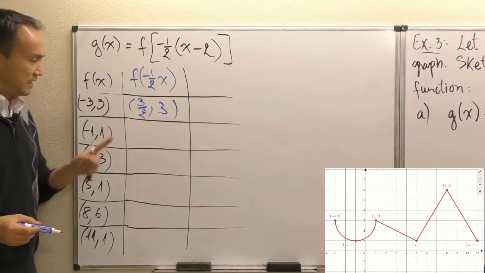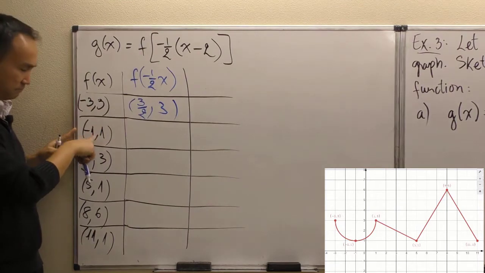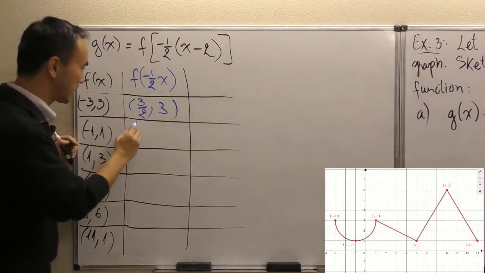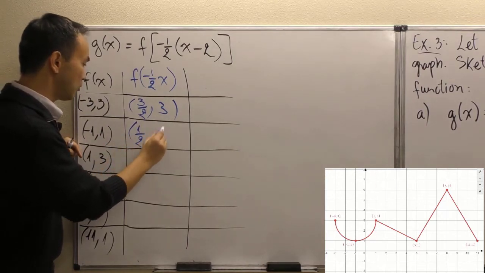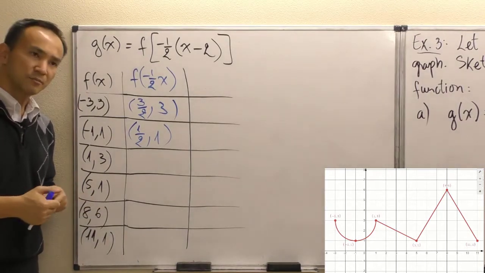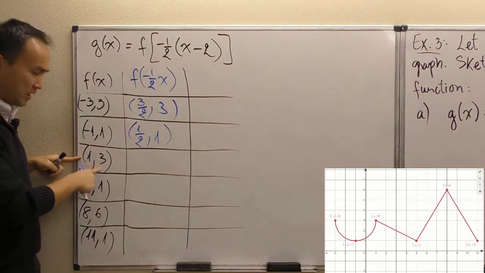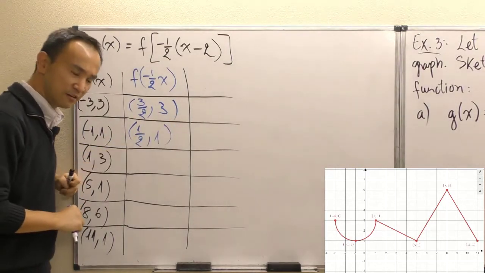Okay, and now for the next point, negative 1/2 times negative 1. The point originally on the parent function was negative 1 comma 1. So now it becomes positive 1/2 comma 1. Okay, and now for the next one, 1 comma 3 is that guiding point on the parent function. You're still seeing that here on the graph.